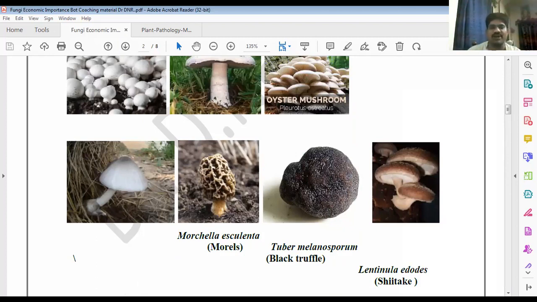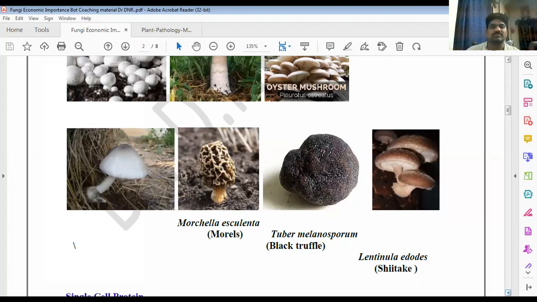Wild mushrooms. You know the Ganoderma, a wood rotting fungus. It is earning a huge amount for our India every year. Because of one mushroom, we are earning so much money. The widely grown fungus is Ganoderma. Have you ever seen Ganoderma?